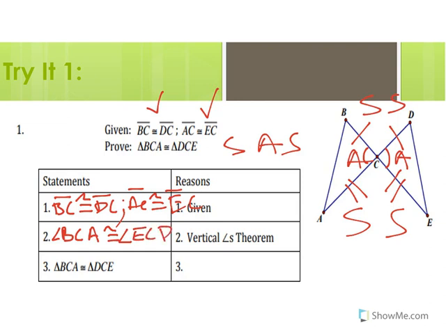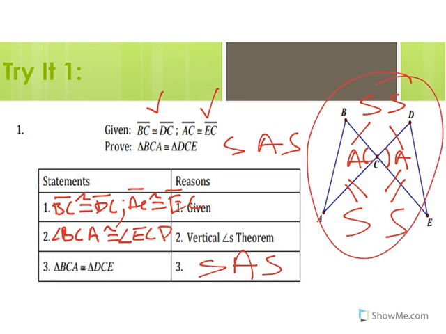Remember that the order in which you write this is important. And then number 3, we say that triangle BCA is congruent to triangle DCE by side, angle, side. In order to do the proof, it's easy if you mark up the diagram first, which tells you which theorem we need to use.